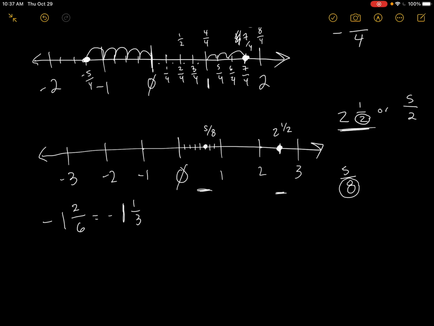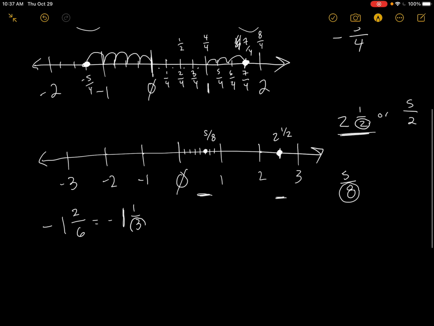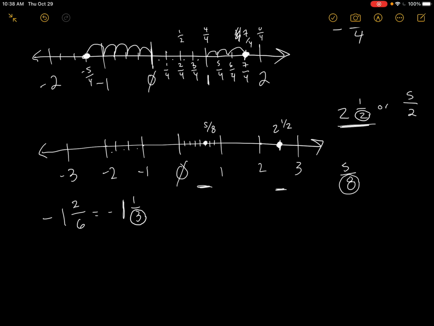It is less than negative 1. So it's going to be between negative 1 and negative 2. So I need to break apart that section of my number line. I want to break it apart into 3 parts. So that would be 1, 2, because then I get 1, 2, 3 parts. Okay, negative 1, and then 1/3 would be right there. There we go.